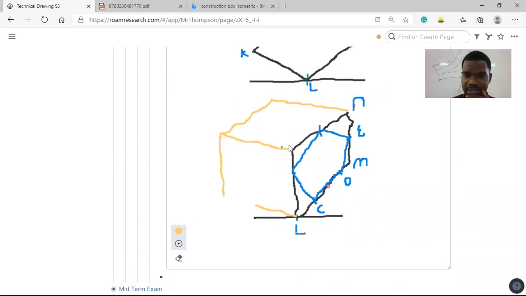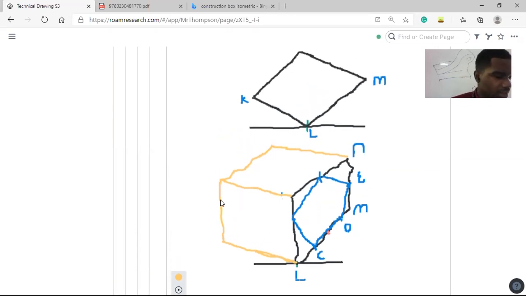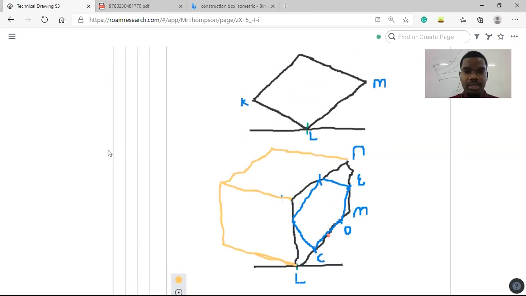We're gonna copy this line to get the line across. Okay, so the issue is now, how do I have this object placed in 3D? I'm gonna now copy the lengths of the height, so the height of the pentagon.